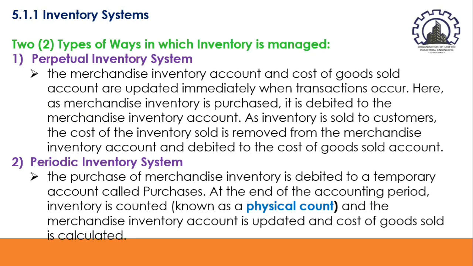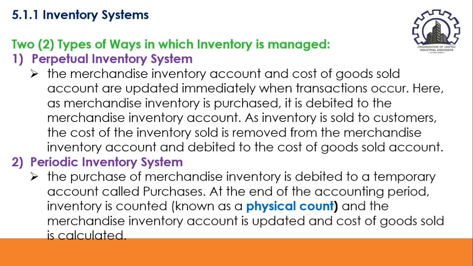So here, as merchandise inventory is purchased, it is debited to the merchandise inventory account. As inventory is sold to customers, the cost of the inventory sold is removed from the merchandise inventory account and debited to the cost of goods sold account.